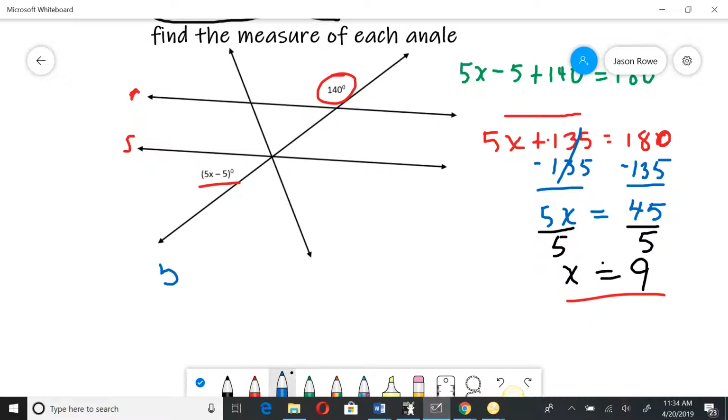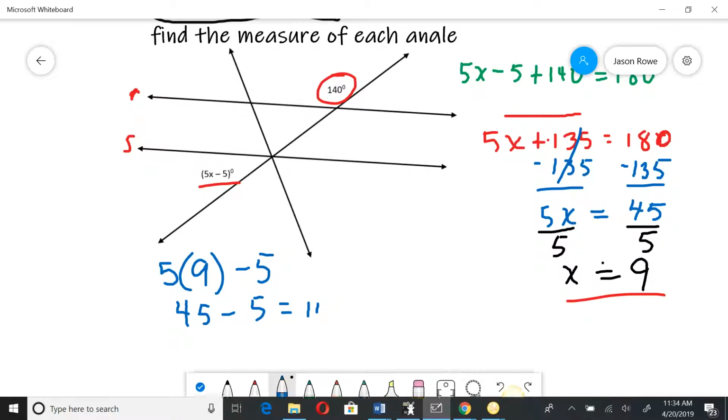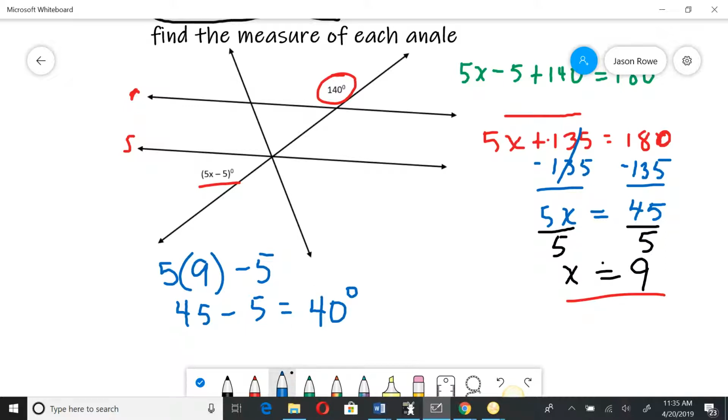So why not just replace x with 9 and then solve? 5 times 9 is 45. 45 minus 5 is 40. 40 degrees.